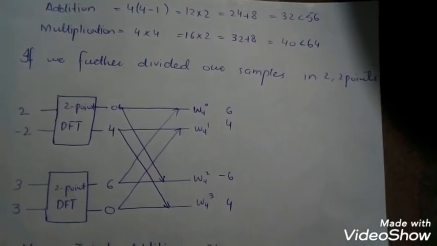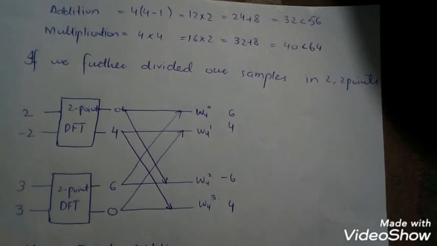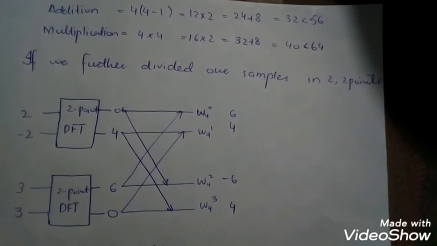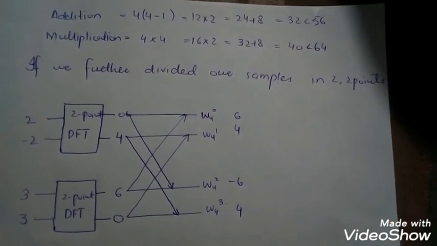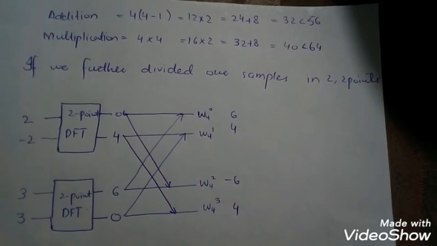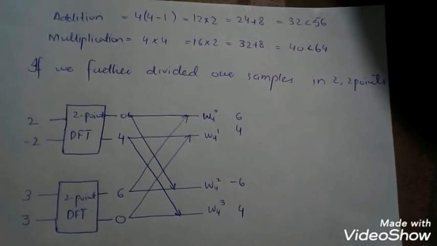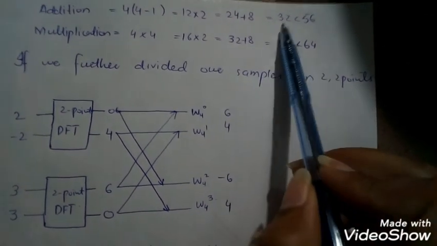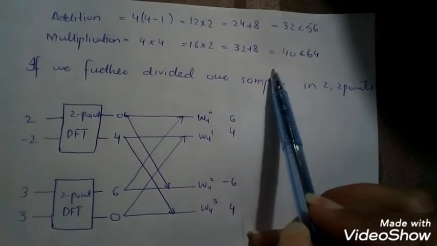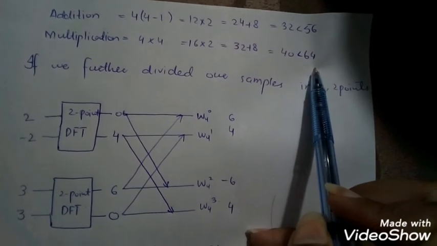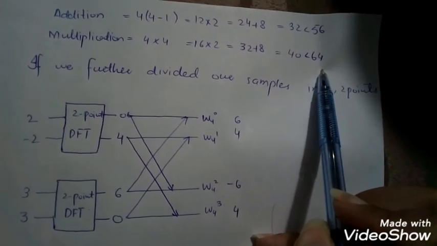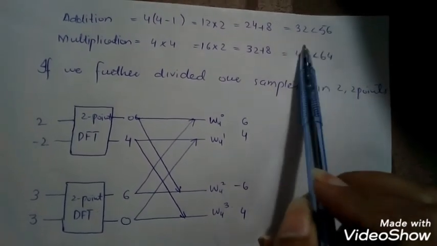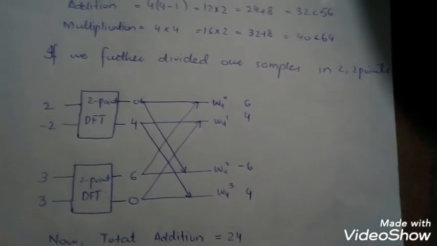The addition will be equal to 32 and the multiplication will be equal to 40. Now if we compare these addition and multiplication terms with the previous one, we will see that 32 is less than 56 and 40 is less than 64, because in this case the addition and the multiplication reduce from the previous one.